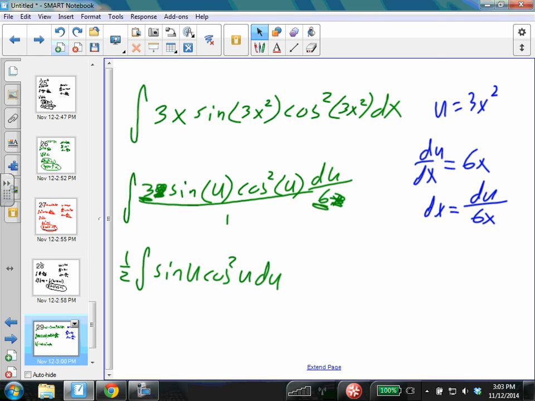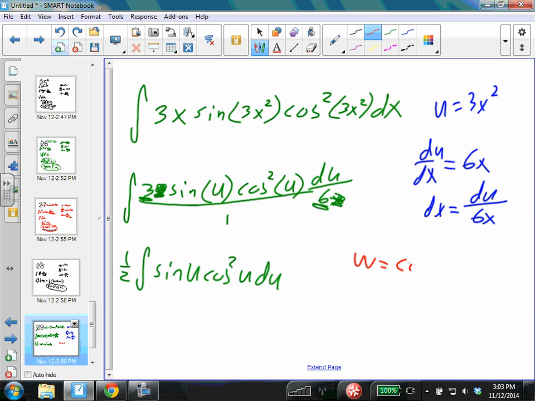So now I need to pick another u, also known as a w. That is exactly right. So what would you pick as your w this time? Very good. Cosine, because it's on the inside of the squared, and you see its derivative there.